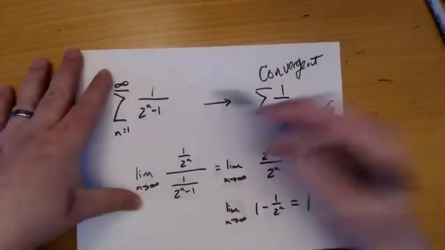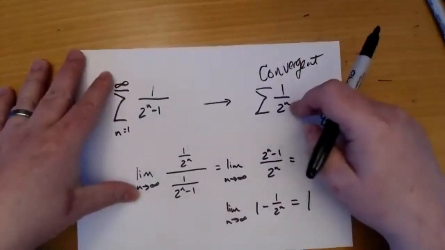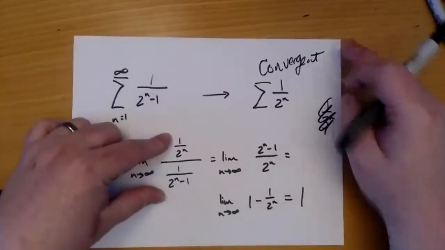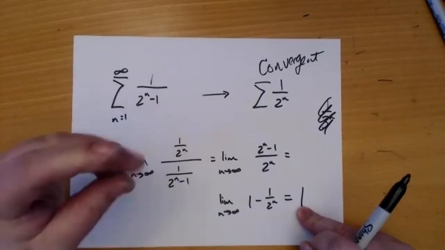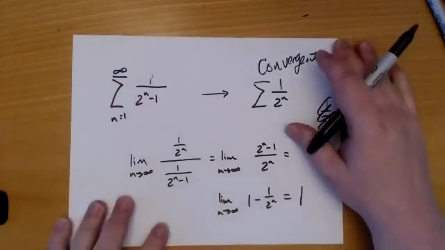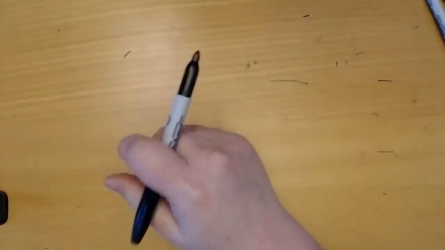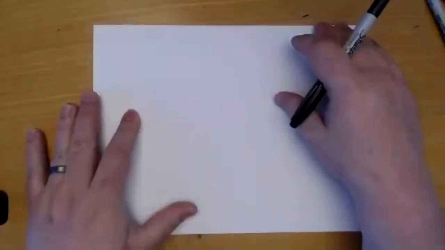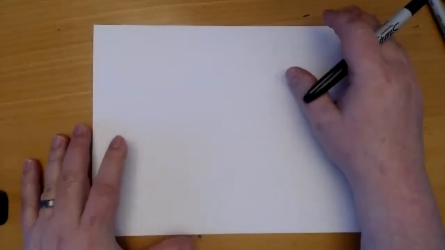That's why you first find out what he's going to converge to, and then you compare them. And if you get a number, you're golden. Now, if you get a 0 or an infinity, then you can't use this test and you have to use something else.